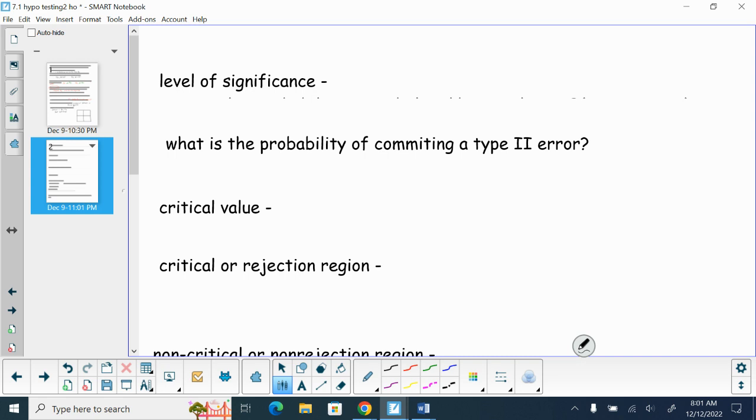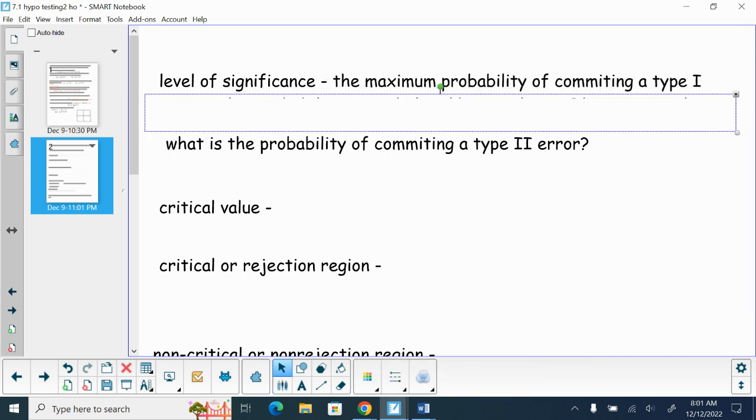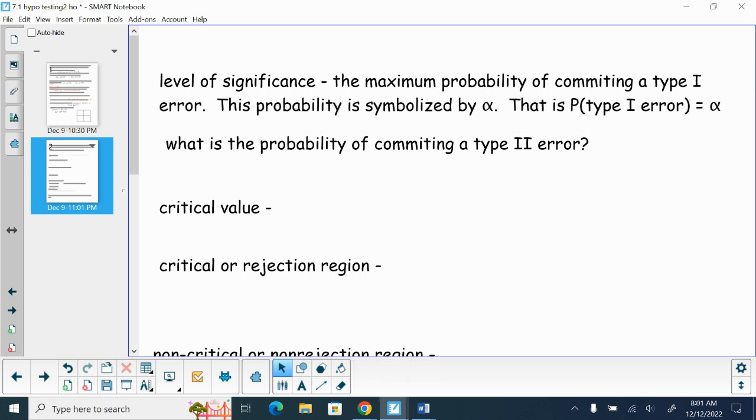Level of significance. Hopefully we'll get into the actual calculations today. Level of significance: the maximum probability of committing a type 1 error.